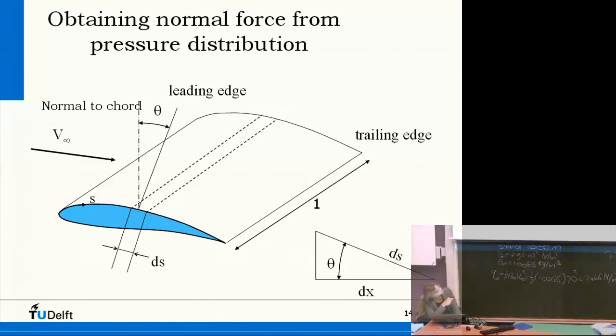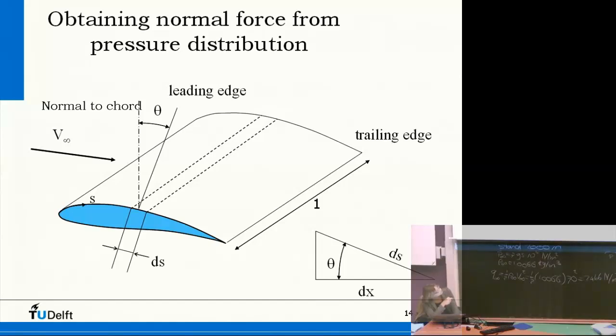Theta is the angle between the pressure and the normal force, so we have to project the pressure onto the normal direction to get the normal force contribution of this slab. But theta is also the angle between the ds length, that's along the surface, and the dx, that's along the chord, the direct line from here to here.